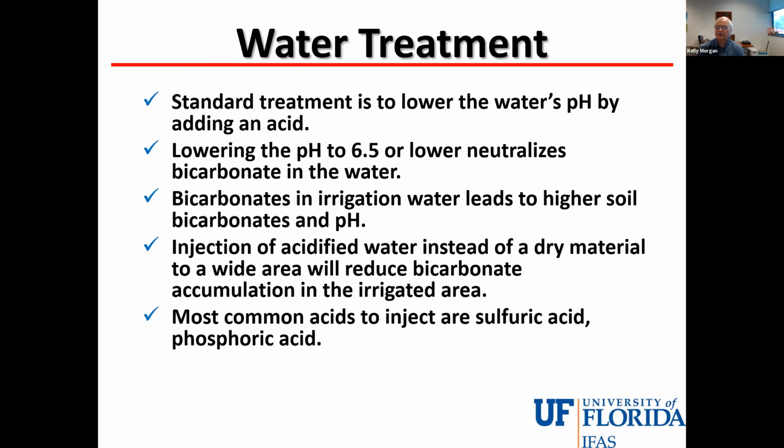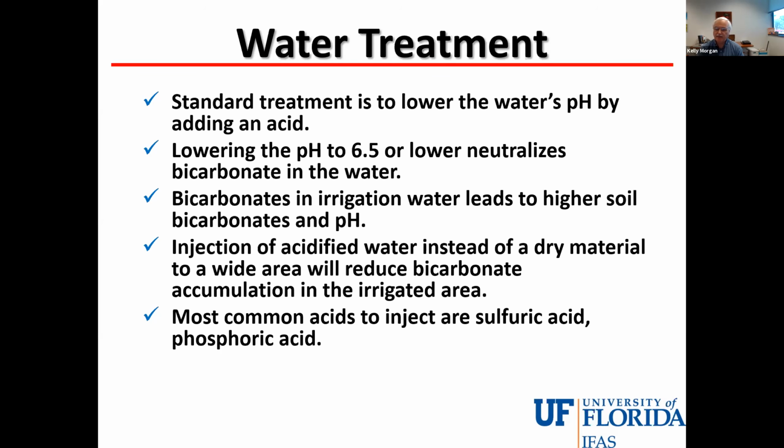We have some citrus growers reducing their pH as low as 3. This doesn't impact the soil greatly, or the tree. You would think that if you're irrigating with water at a pH of 3 or 4, that you would be causing damage to the tree.